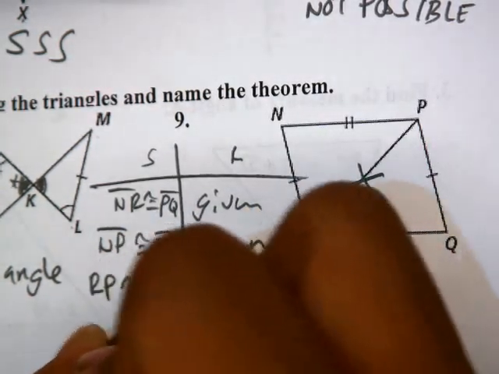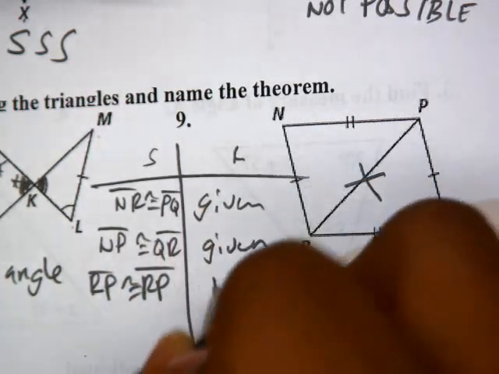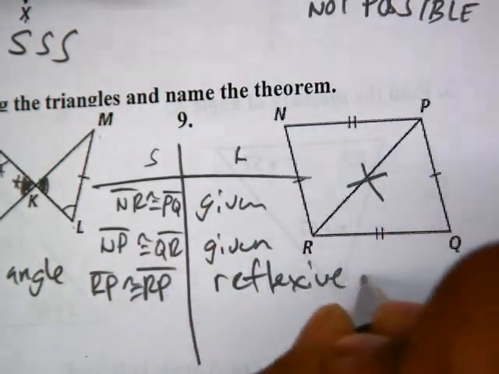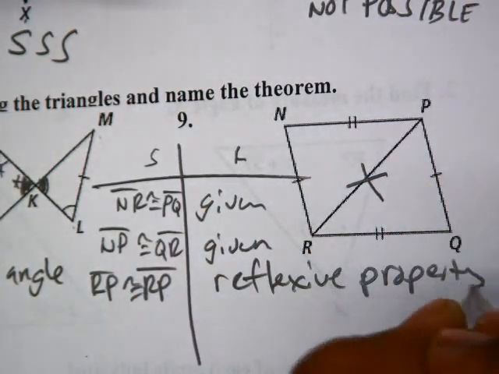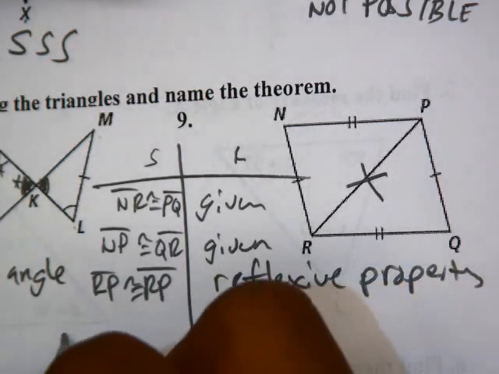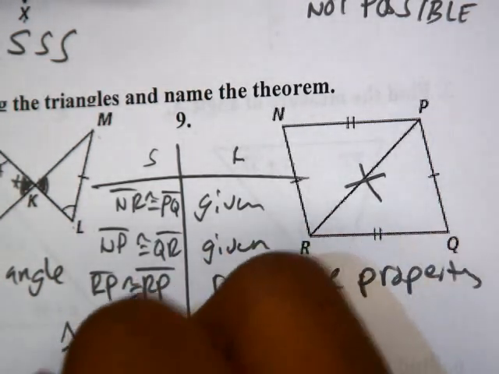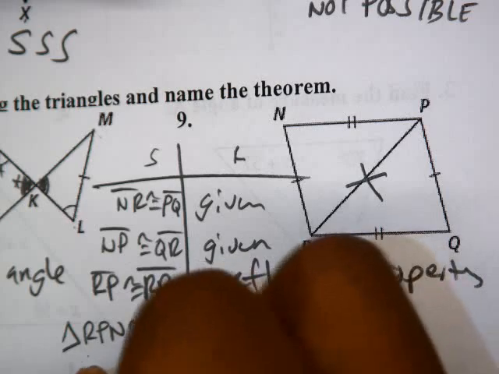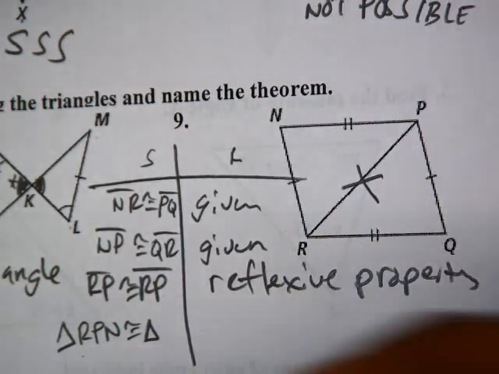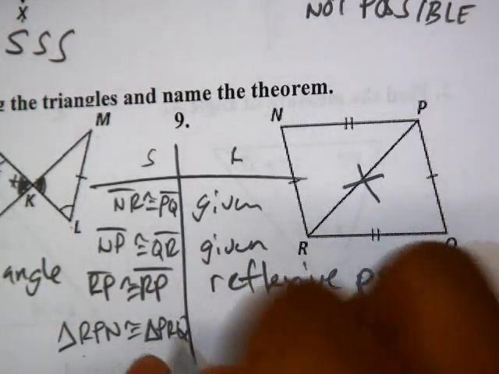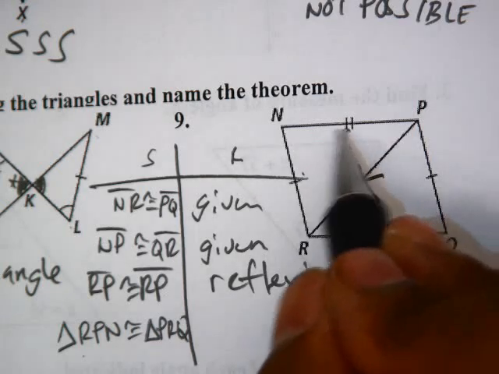So RP is congruent to RP because of the reflexive property. And lastly, the triangles are congruent because I have 3 things now. RPN, PRQ, and these are all sides. So side, side, side.